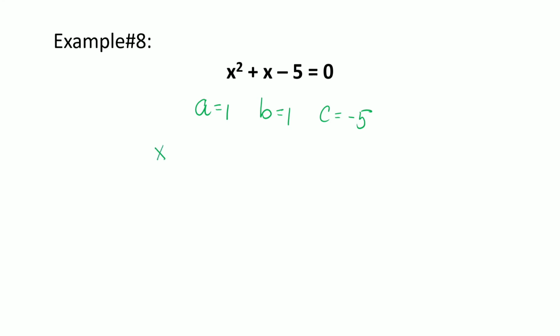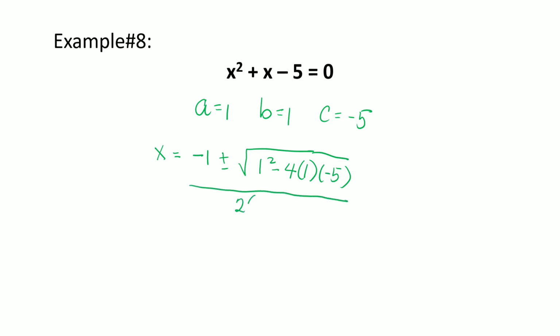So substituting to the quadratic formula, x equals negative 1 plus minus the square root of 1 squared minus 4ac, all over 2a.